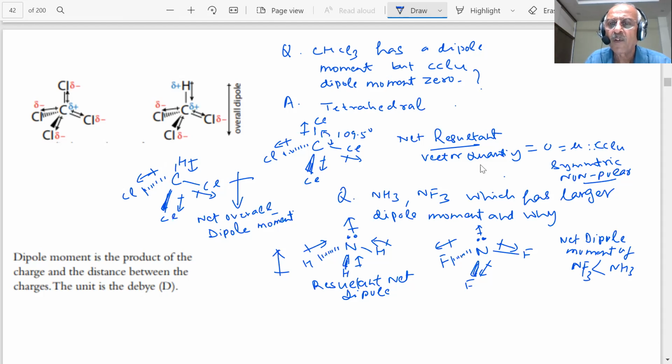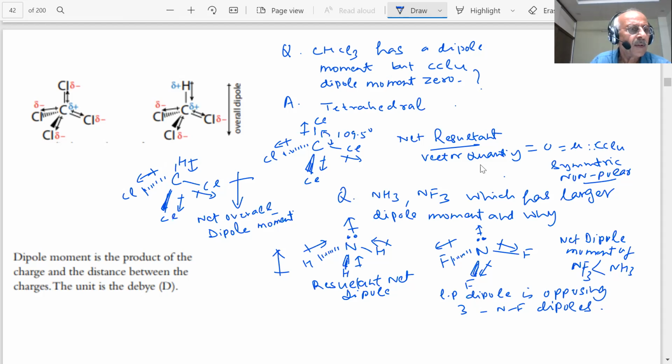Because the lone pair dipole is opposing the three NF dipoles. Is it clear? Yes, sir. Important question for the paper, students. Such questions are given in the paper.